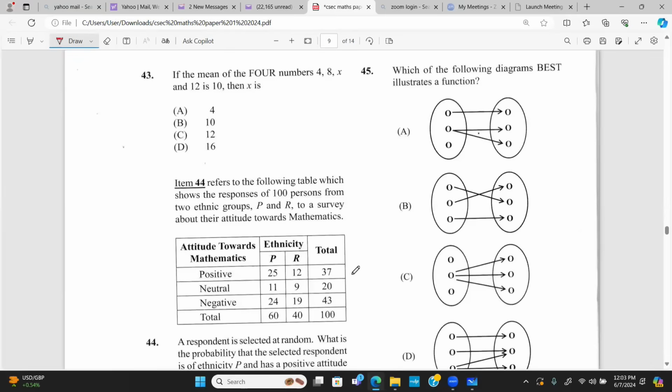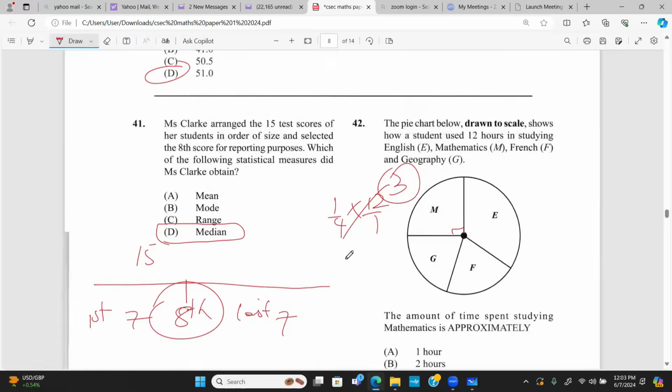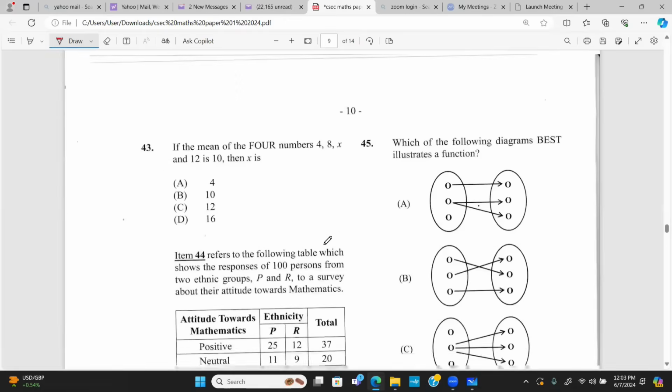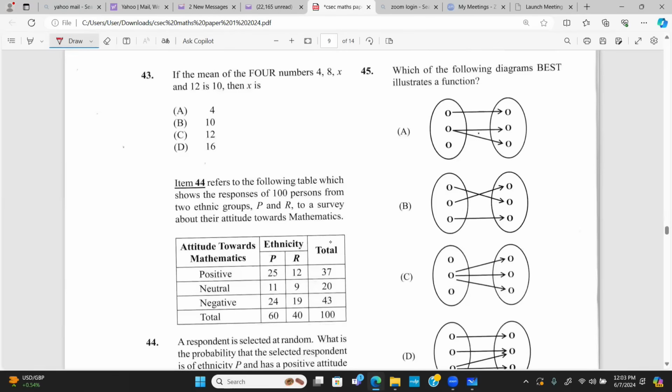43. It says, if the mean of 4 numbers, 4, 8, x, and 12 give 10. What is x? In other words, 4 plus 8 plus x plus 12 divided by 4 things give 10.